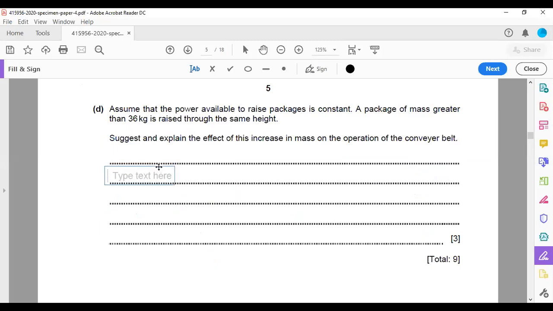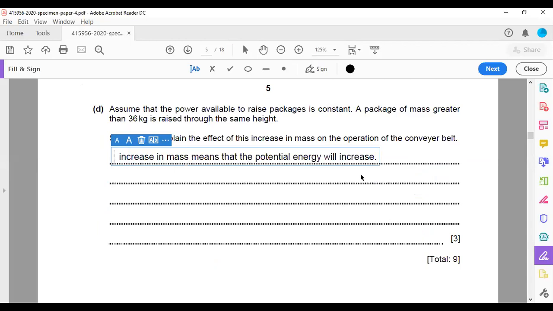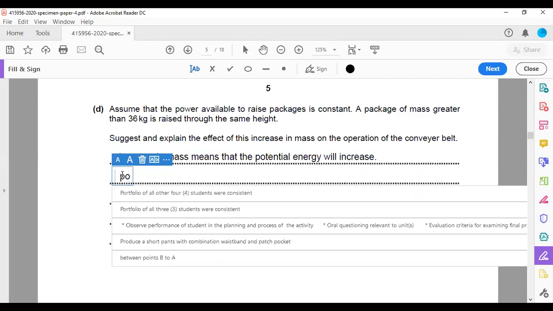Let's say here, suggest and explain the effects of the increase in mass on the operation. Increase in mass means that the potential energy will increase. Good.